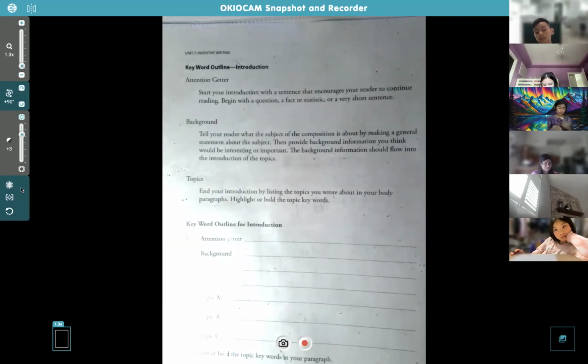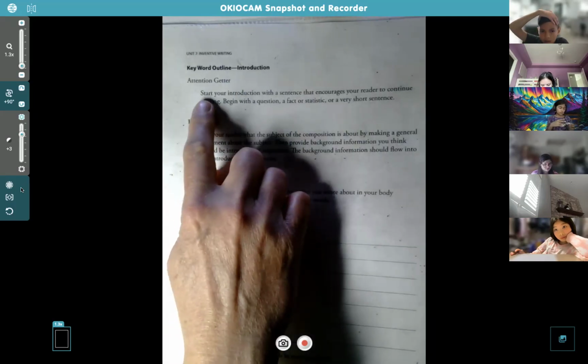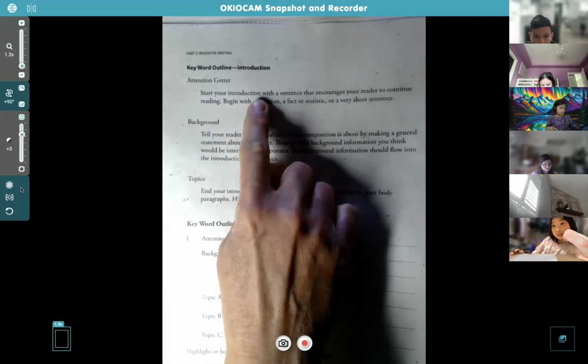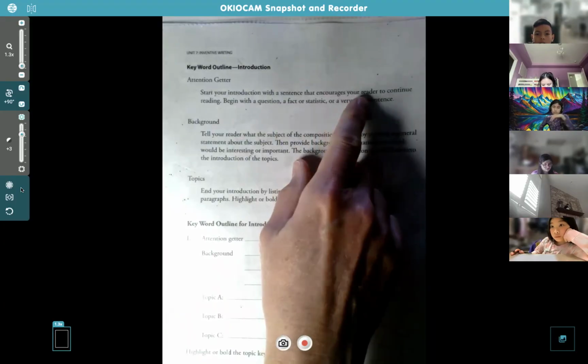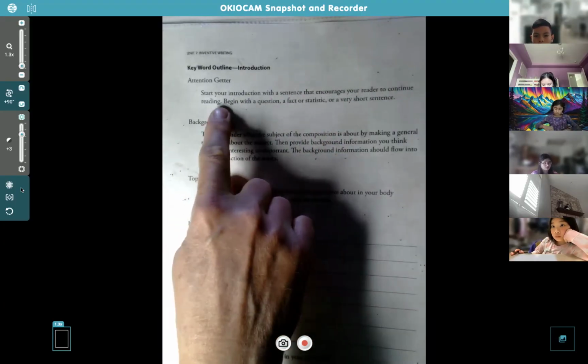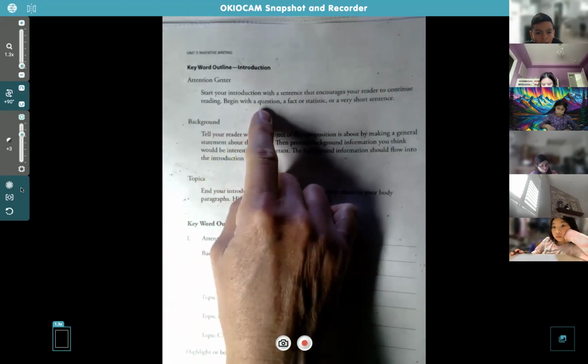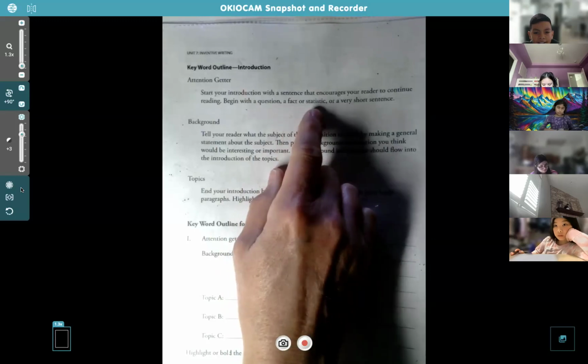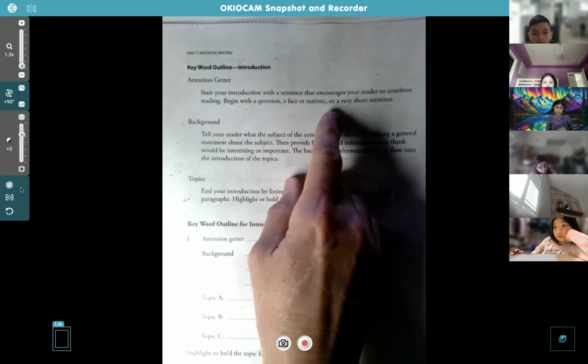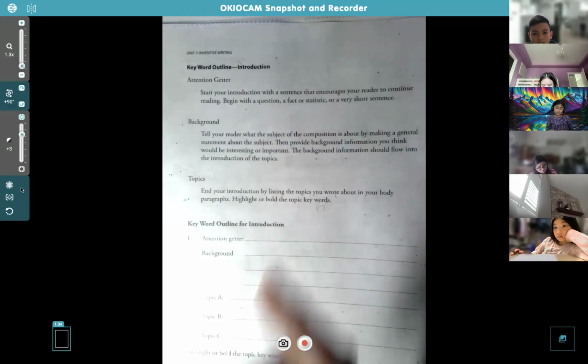But if you change it and you say it in such a way where it makes the reader want to know more, it's suggesting here you can start your introduction with a sentence that encourages your reader to continue reading. Begin with a question, a fact or statistic, or a very short sentence.